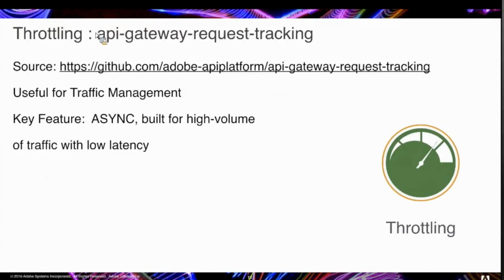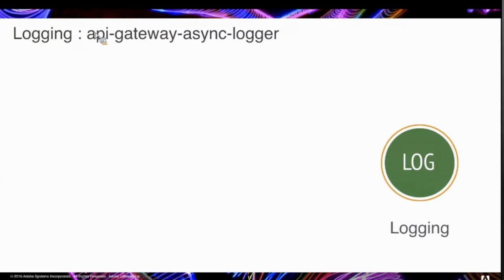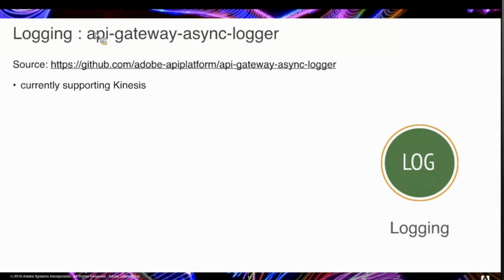Another module is request tracking, which is what we use for throttling and rate limiting. The key feature is that it's asynchronous, built for high volume of traffic with low latency. And then last but not least is an asynchronous logger. Again, currently it supports Kinesis. Kafka support is underway.